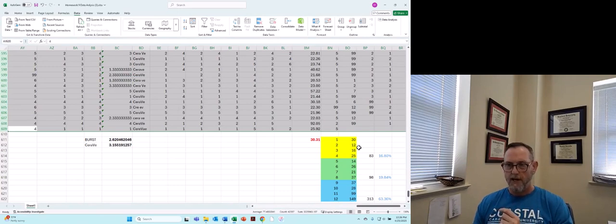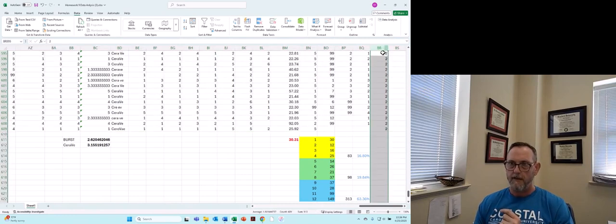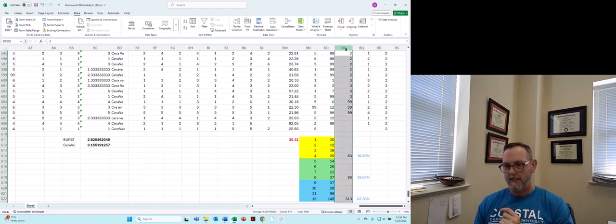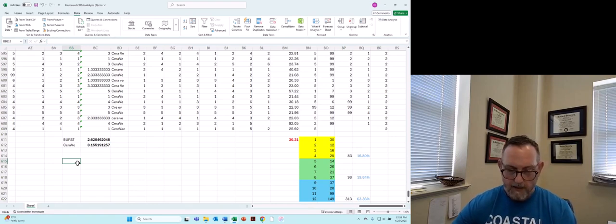Okay, so as we look at this, we look at this column here. This is the column that has the treatment in it. And then we look at this column here, and this has the gender in it. So what we'll do is make some type of chart. We know these are PIs.